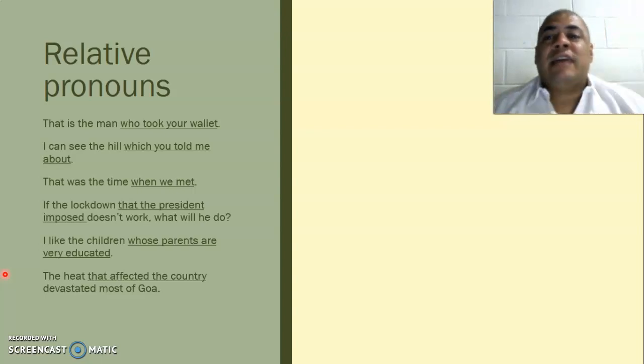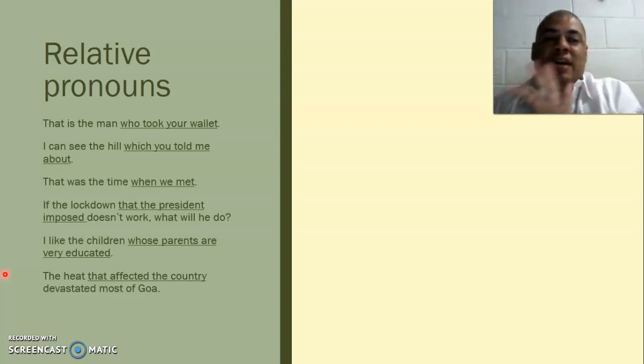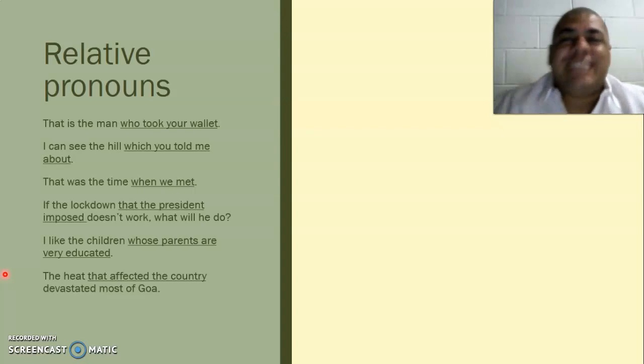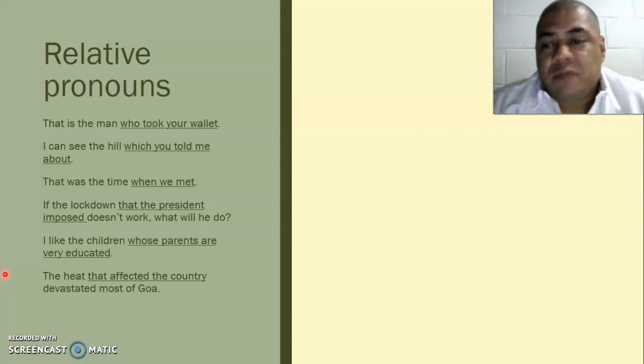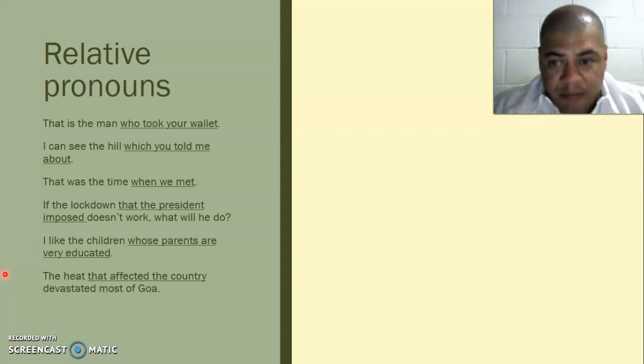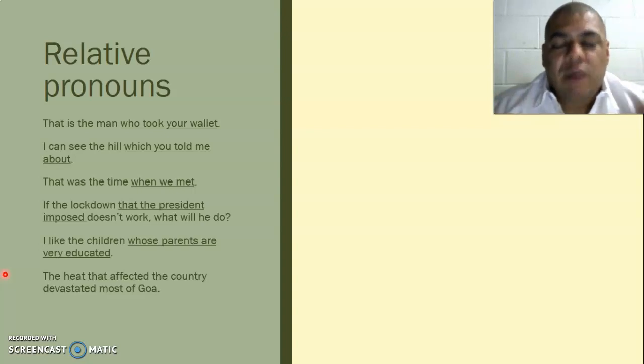It is the word that connects the clause with the rest of the sentence. Now, I know that who is a relative pronoun. I know that which is a relative pronoun. I know that when is a relative adverb, but let's classify it for all intents and purposes. For us, we are going to say that when is a relative pronoun, but it's not really a pronoun, okay? But we are going to classify it.